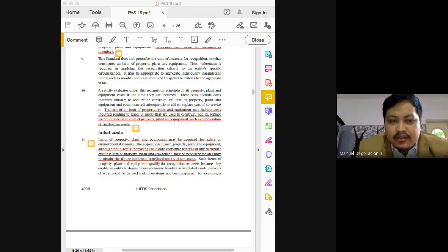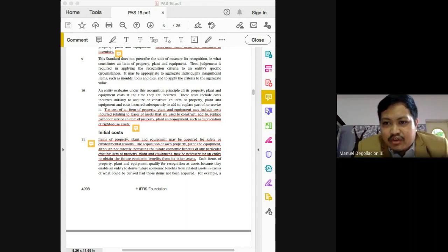But again, what you are expected to remember as part of your foundation knowledge is that it should only be directly attributable costs that can be capitalized. And that is why there is a general rule that only initial costs can be capitalized.